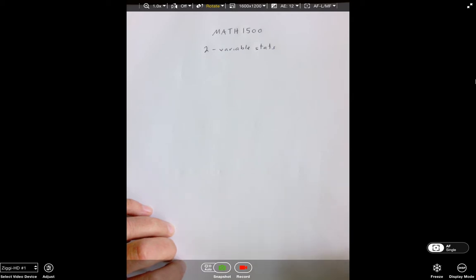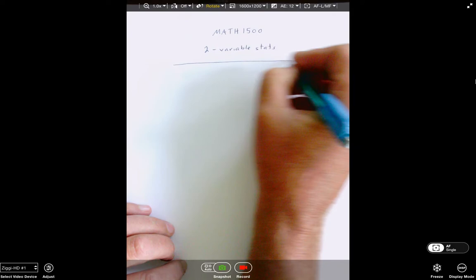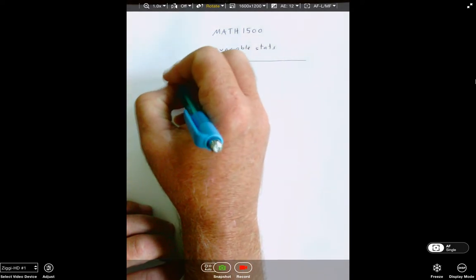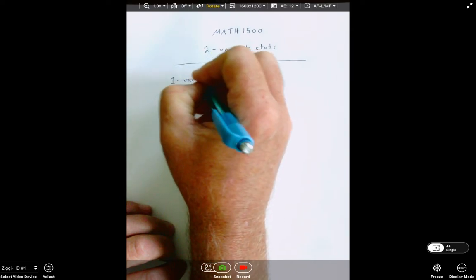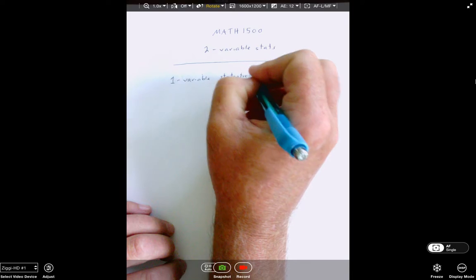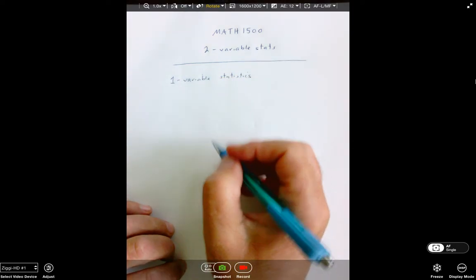one variable statistics. And just to take you back through the class, let's reflect on what we've done. In one variable statistics, we've essentially looked at two overarching goals.